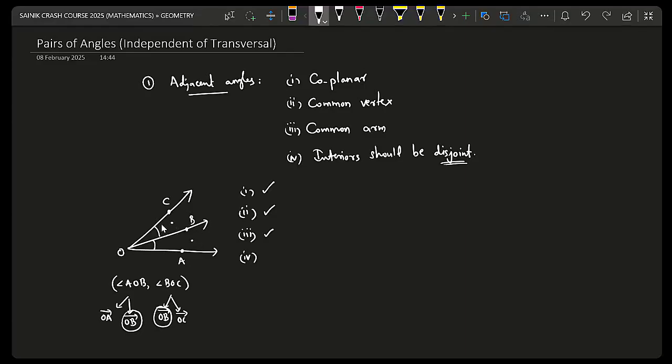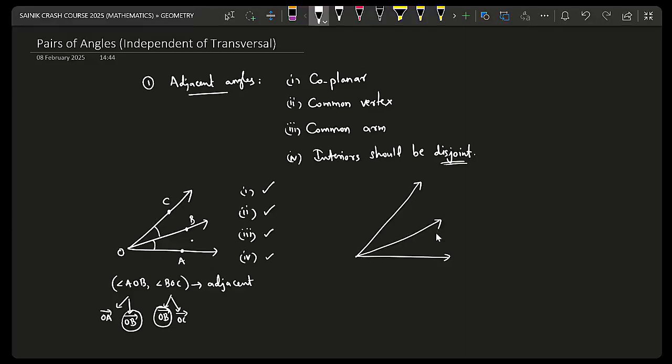Suppose I put a point in the interior of angle BOC, it does not belong to the interior of angle AOB. That means they do not have any common portion. So they are disjoint. Fourth condition is also satisfied. Because four conditions are satisfied, we can call these two angles adjacent angles. So which two are adjacent angles here? Angle AOB and angle BOC. Let's take one more example.